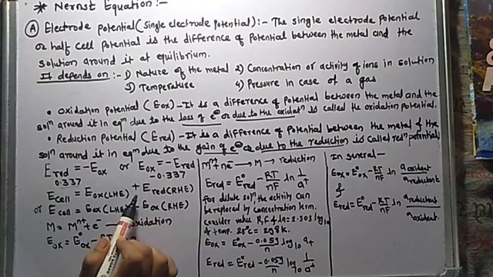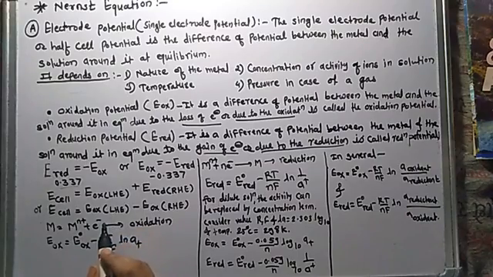If we consider the single electrode potential for the electrode reaction, it will be represented as M goes to M n plus plus n electrons for oxidation. We consider here the single electrode potential, meaning half cell potential. Suppose we consider the cadmium and zinc electrodes; the half cell is represented as the zinc electrode and the other half cell as the cadmium electrode.